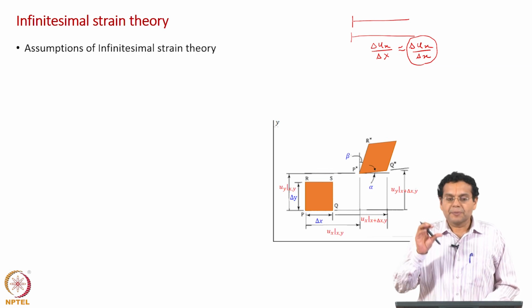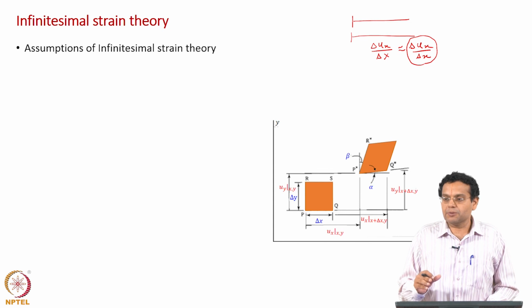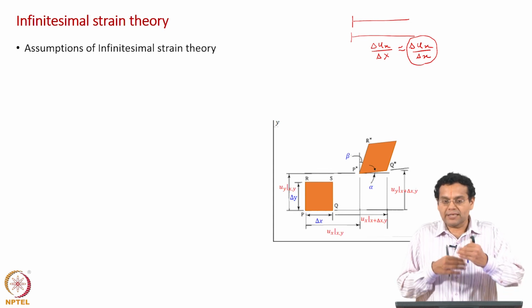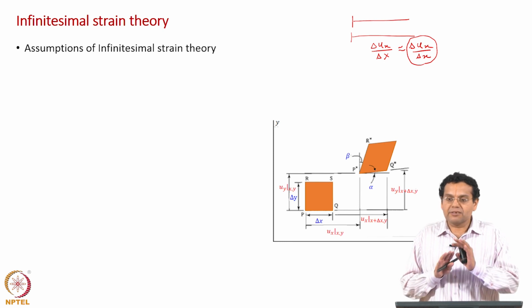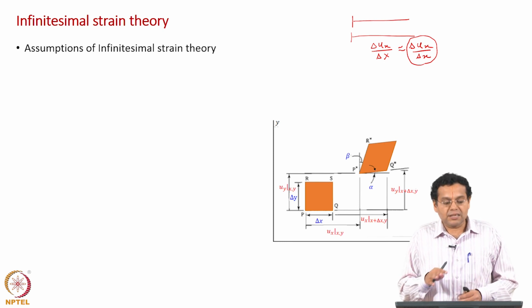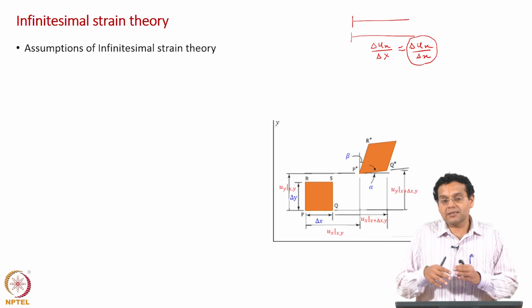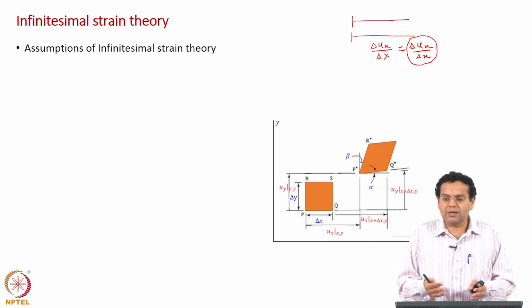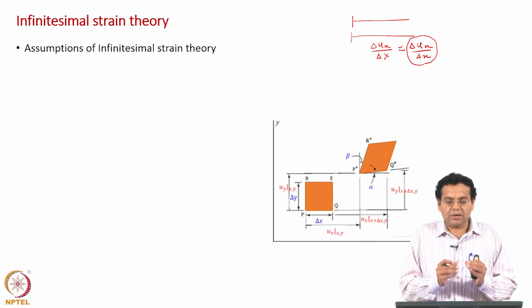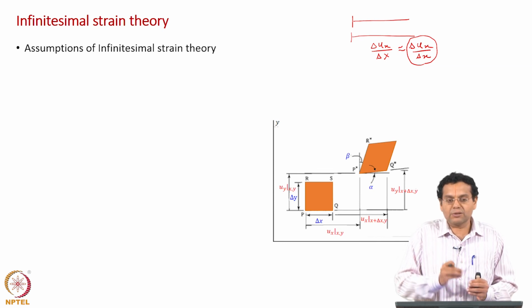If you look at a very rigorous solid mechanics book, they will discuss both finite strain theory and infinitesimal strain theory. We are not discussing finite strain theory, that will not give us linear expressions, that will result in non-linear expressions, that is beyond the scope of our discussion, not required also, just learn whatever we can take over to fluid mechanics. Okay.